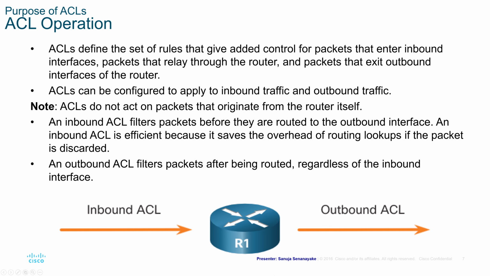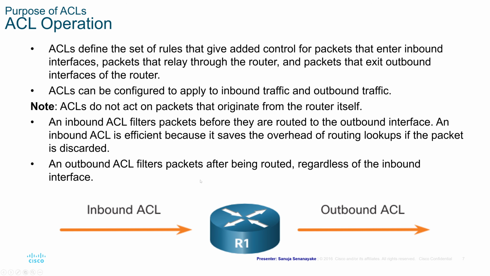So if a packet comes into an inbound ACL interface and needs to be discarded, it will automatically get discarded based on the deny statement in the access control list. That way, the packet would not be using any resources in the router, because it is going to get discarded right out the gate, right?